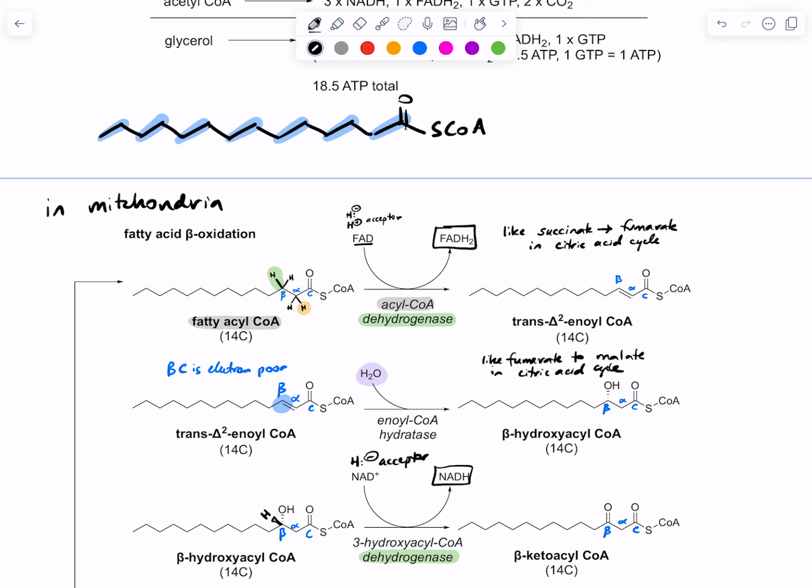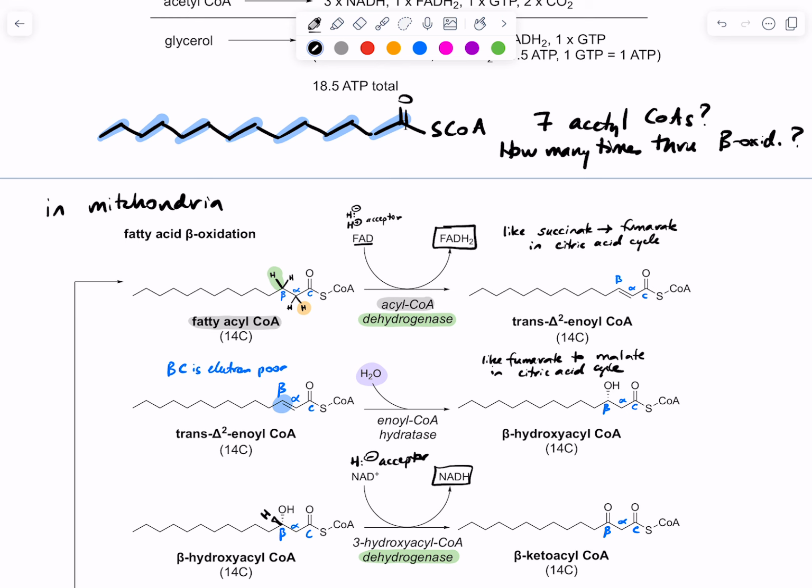Okay, so I can get 7 acetyl-CoAs. Here's a question. How many times through beta oxidation are required to clip that up into 7 acetyl-CoAs? You've got to think carefully here because you want to say 7 because there's 7 acetyl-CoAs, but it's not.